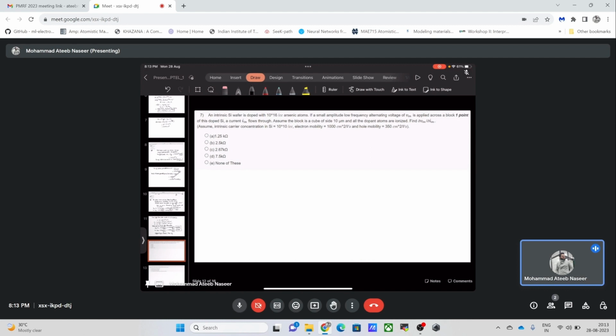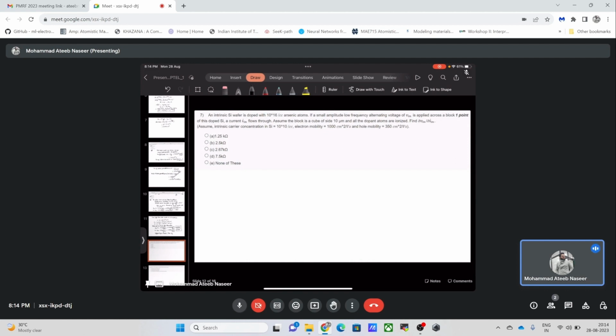We have to assume this block is a cube of side 10 micrometer, and that complete ionization has occurred for the donor atoms, so we will have 10 to the power of 16 electron concentration in the material. We have been told to find the dynamic resistance.